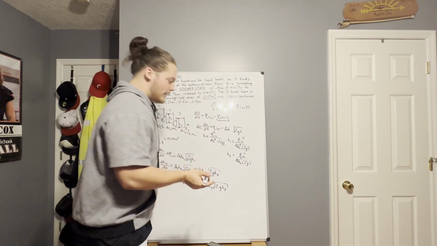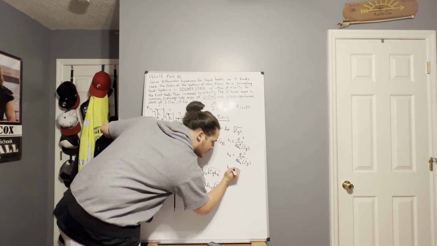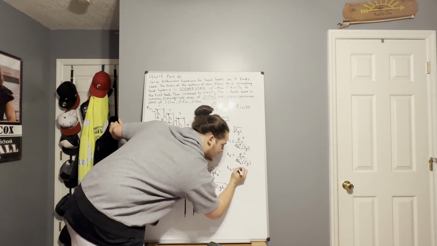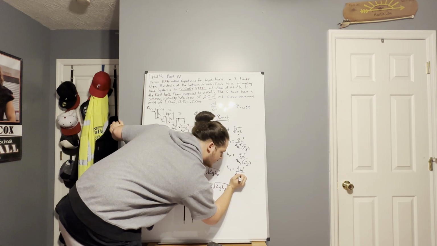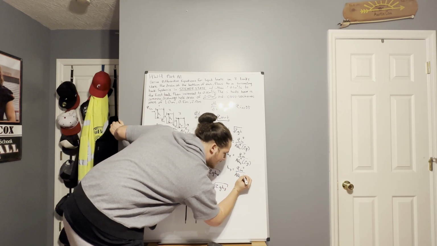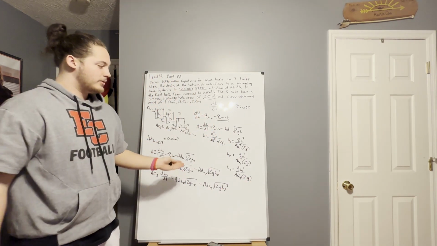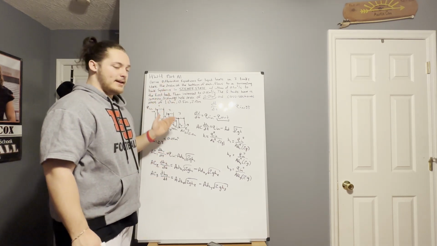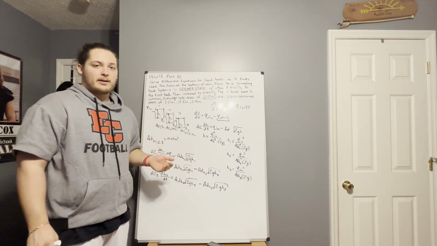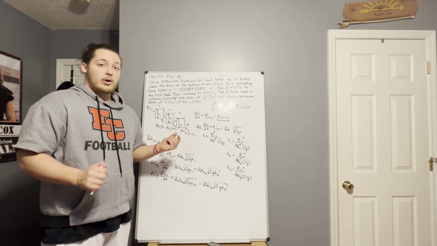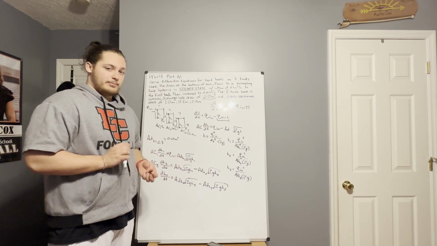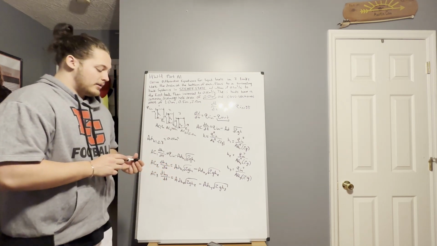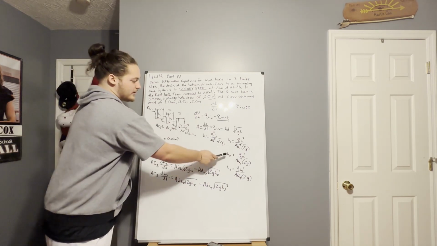And then again, our H3 is going to be equal to the Qn squared over the drainage hole of 3 times 2G. And we are able to come up with all of these expressions due to our system being in a steady state. We are able to cancel out some terms from our known equations, and we are able to plug and chug the rest back in to come up with these 6 expressions.